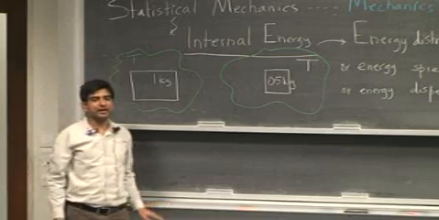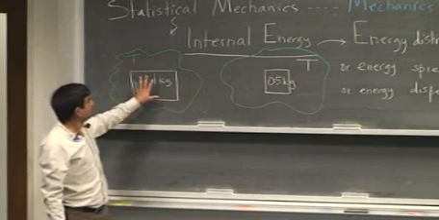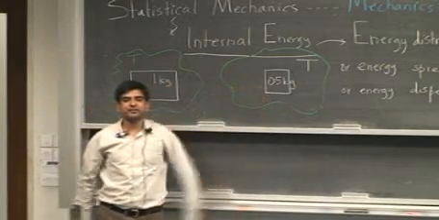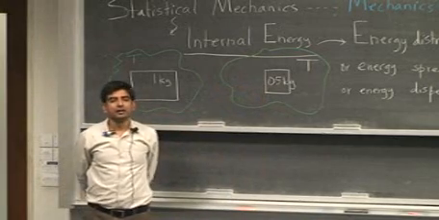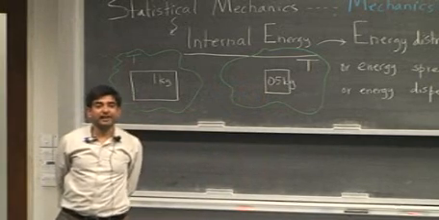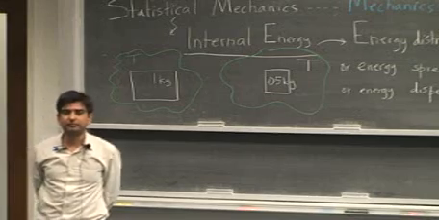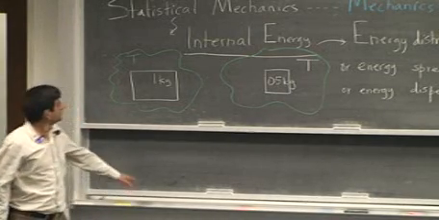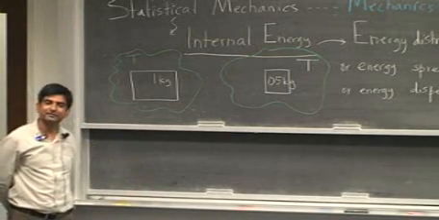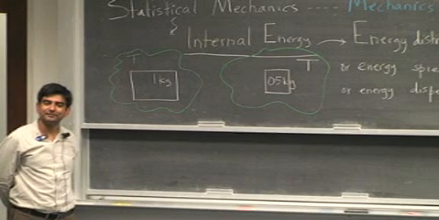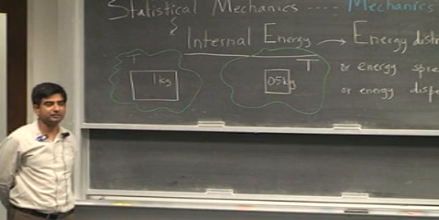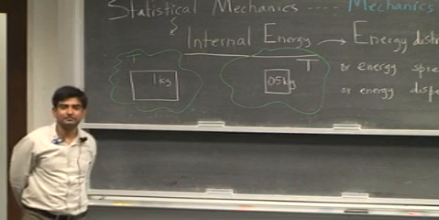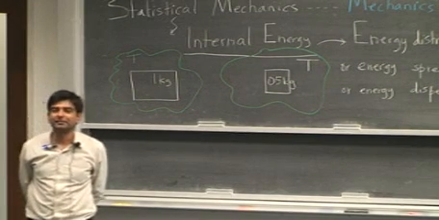The first question is, would these objects be at the same temperature? Yes. Would they have the same internal energy? No. Because, really? Would they have the same internal energy? No or yes?